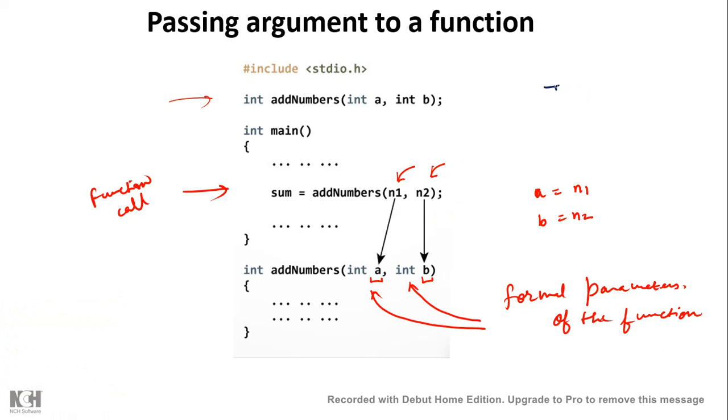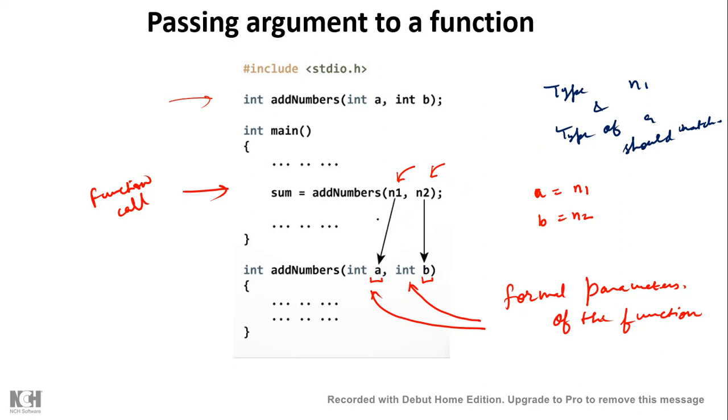the type of n1 and the type of a should match. Likewise, the type of n2 and the type of parameter b should match. If these are integers, a and b should be integers.